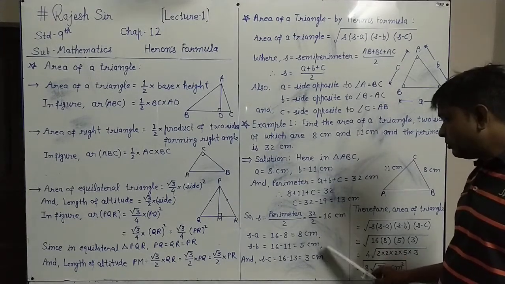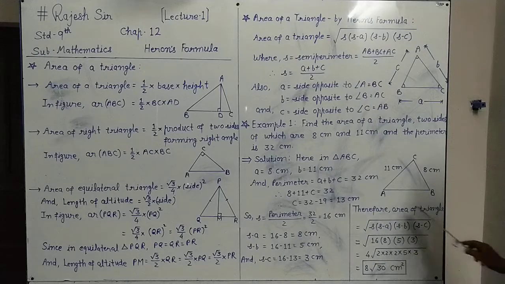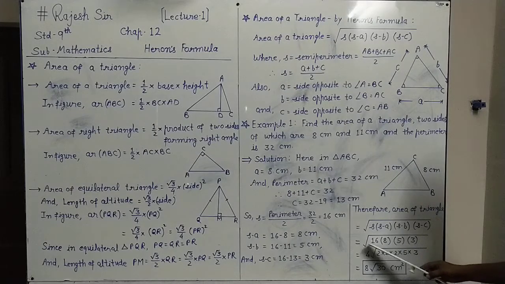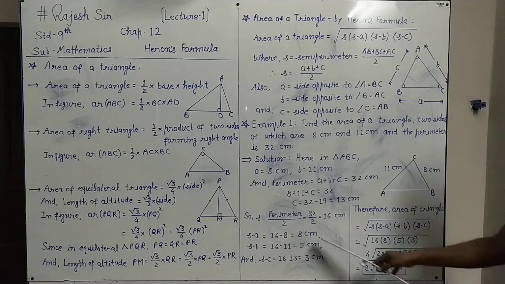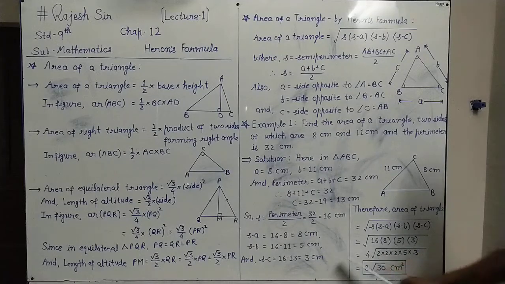So all four terms needed in the formula are found, and now we apply them for the area of the triangle. Heron's formula is root of S into S minus a into S minus b into S minus c. Placing the values: S is 16, S minus a is 8, S minus b is 5 and S minus c is 3.